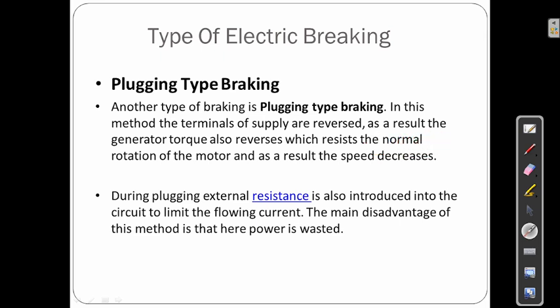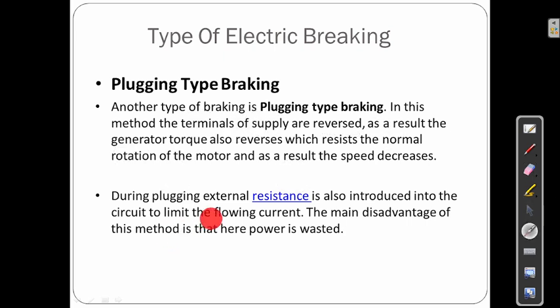As a result, the generated torque also reverses, which resists the normal rotation of the motor, and as a result the speed decreases. This is the plugging type braking.